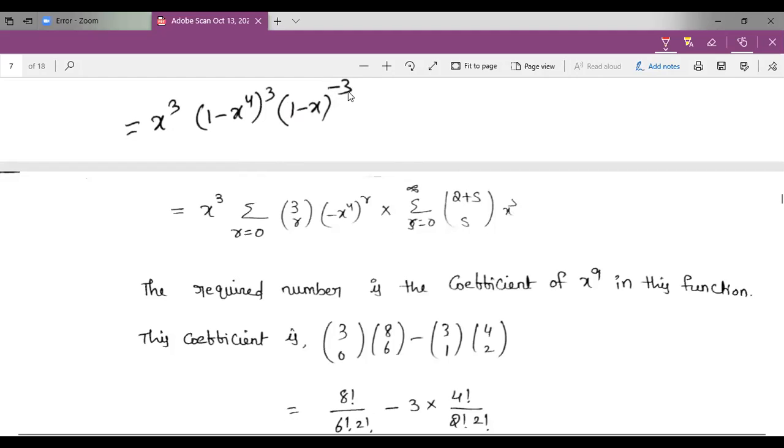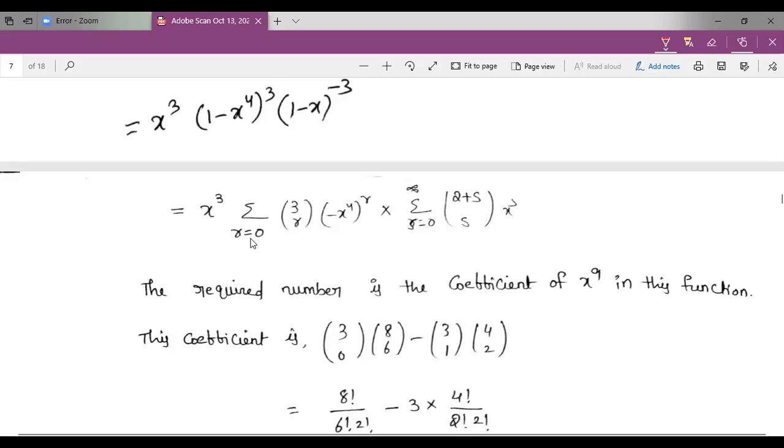N means 3 plus s minus 1. So 3 minus 1 becomes 2, 2 plus s C s, x power s. Okay, and x cube. So the required number is the coefficient for total committee, what is that? 9. So we have to find the coefficient of x power 9 in this function.